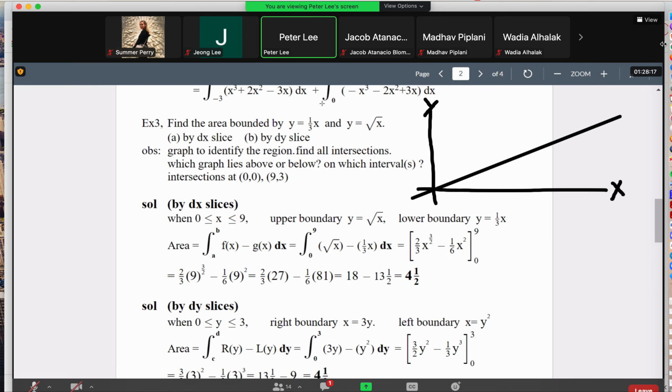And the graph y equals square root of x is going to look like this. This guy is going to be y equals square root of x, and this guy is y equals 1/3 x.